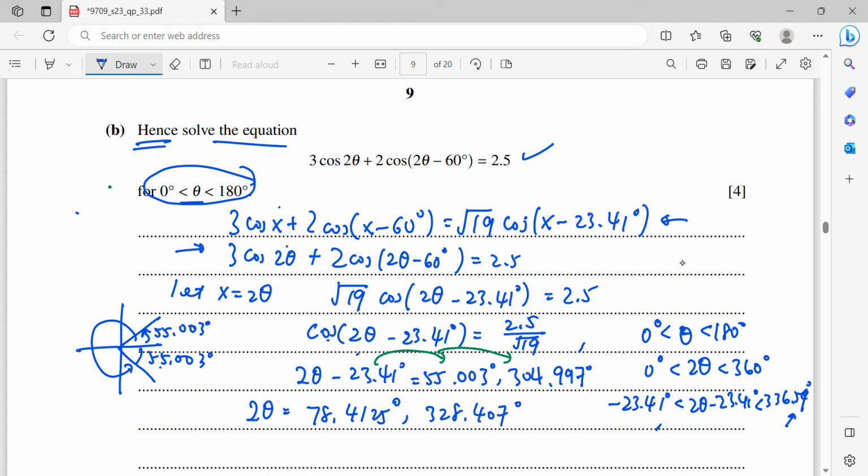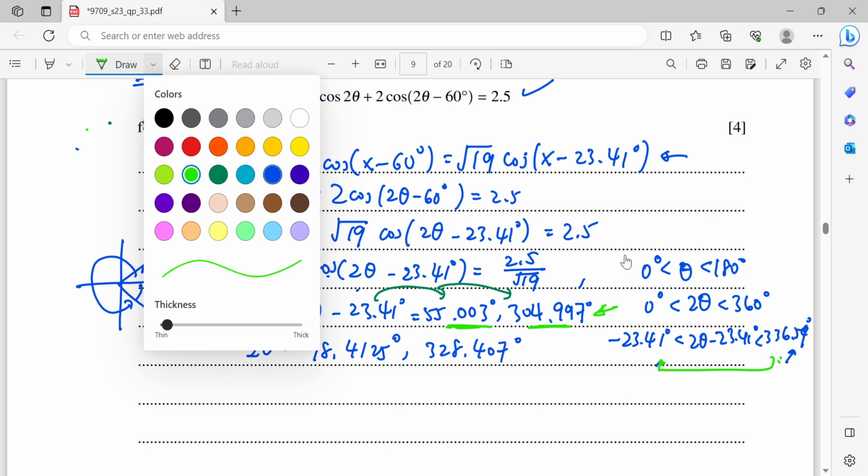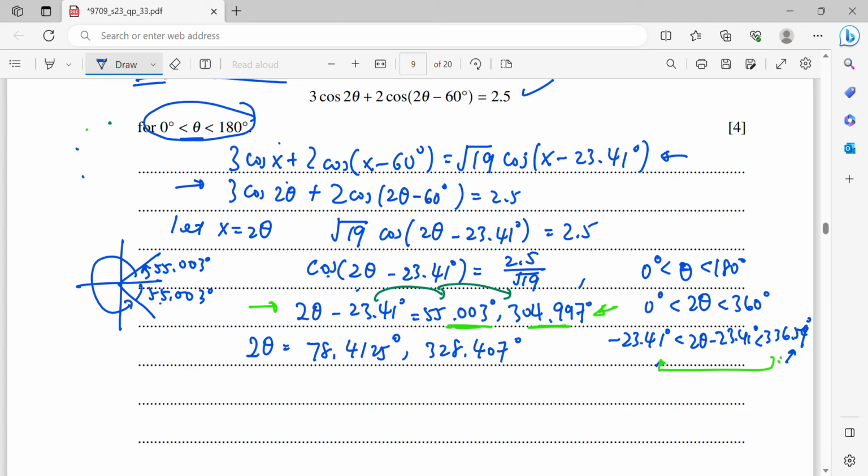When you look at the previous steps, these two angles are in the interval. That means we are safe. We have to make sure the values of 2 theta minus 23.41 degrees will be in between these two values. Then that means you are getting the correct answer.